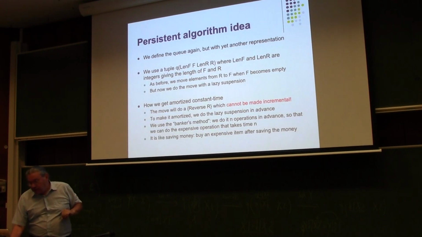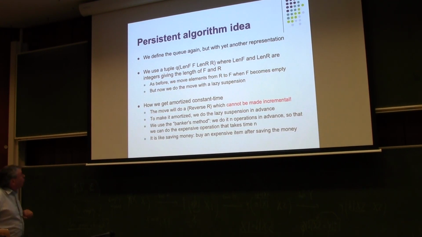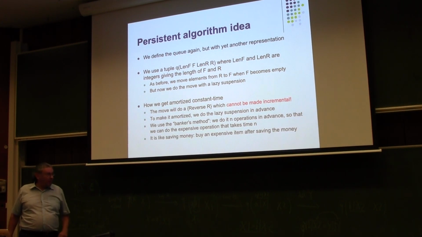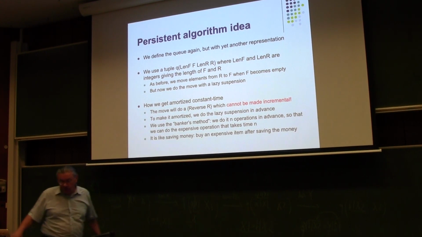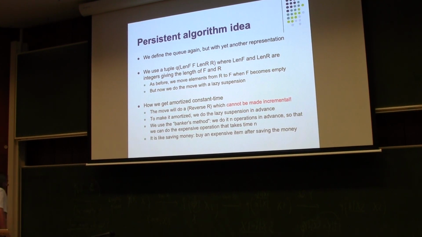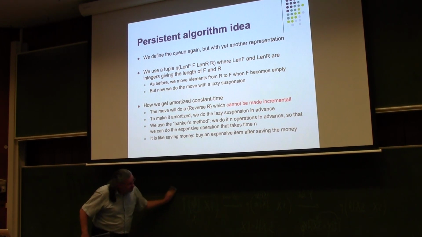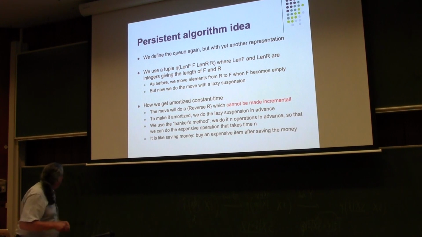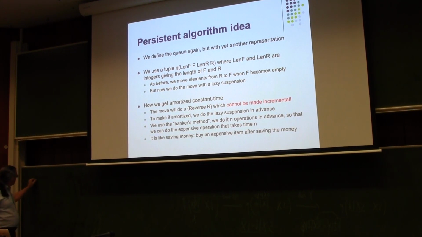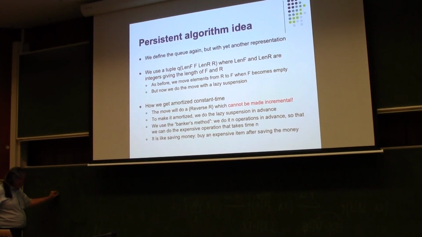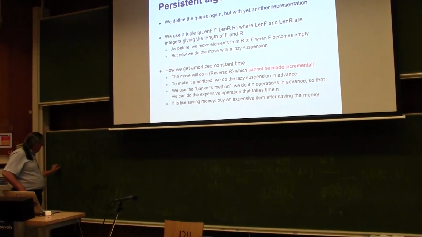Okay. So what's the idea? Again, we're going to implement our queue, and we're going to choose yet another representation. Remember, we had already several representations. We had the list, we had the front and the back lists, front and reverse. We had difference list.